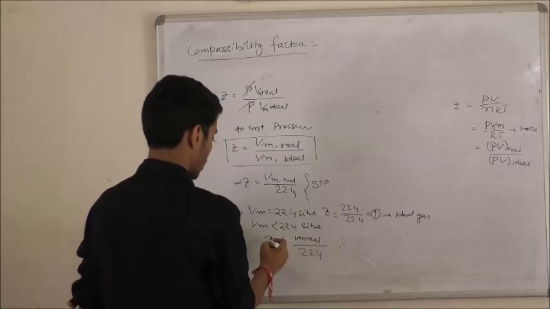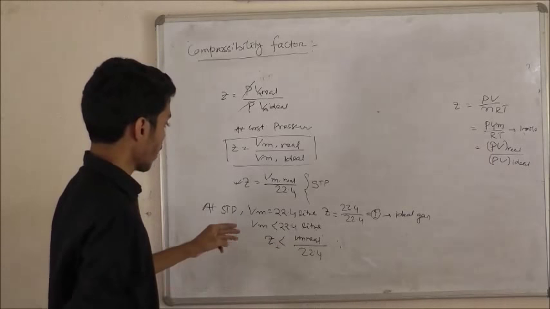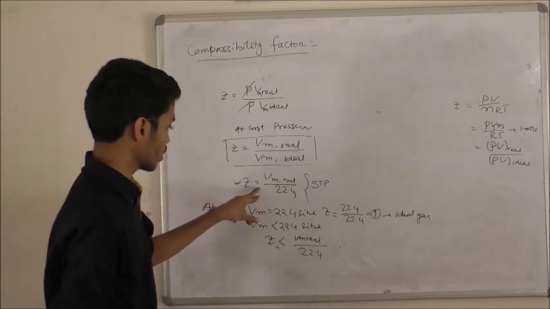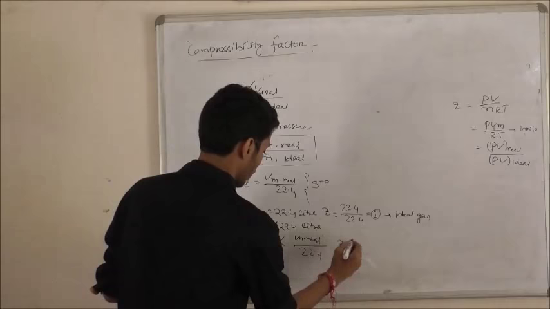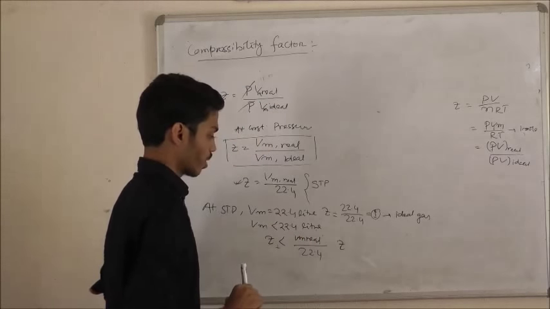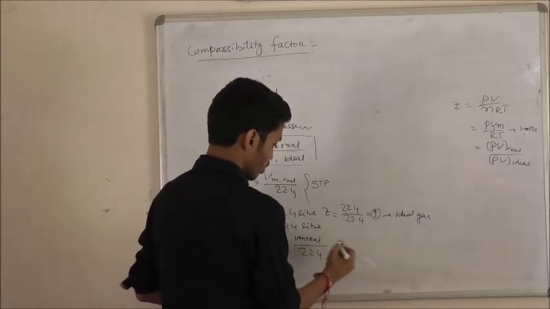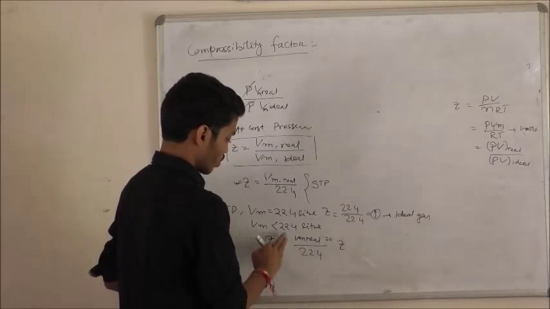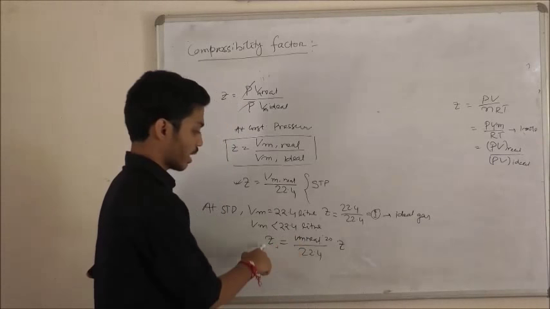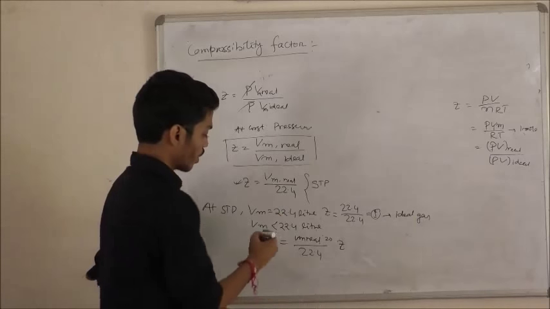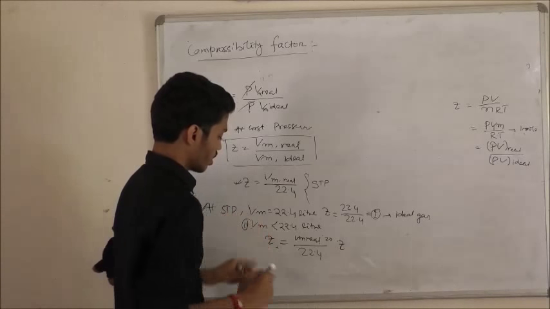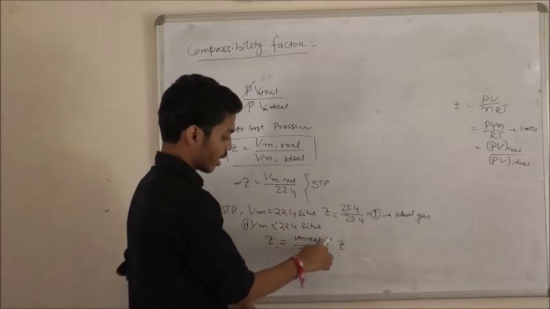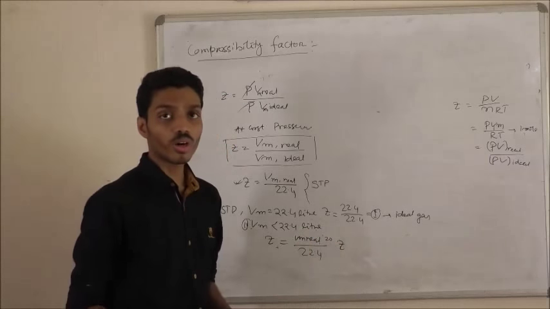Suppose as an example Vm real is 20 liter, so we get 20 by 22.4, that is less than 1.